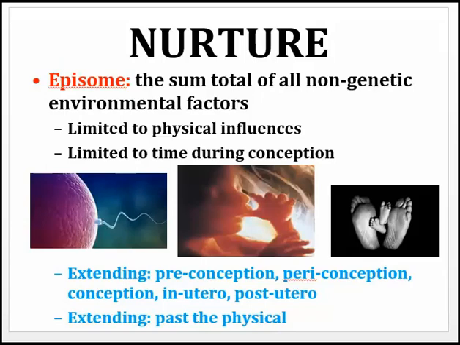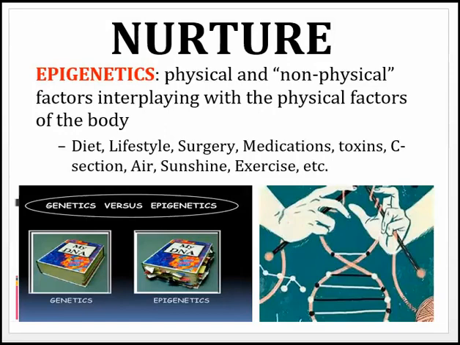So if we break down nurture, it really can be broken down into three parts, what is called epigenetics, metagenetics, and transgenetics. And epigenetics is really physical and non-physical factors that interplay with the physical factors of the body, like the DNA, right? So these are the physical structures.